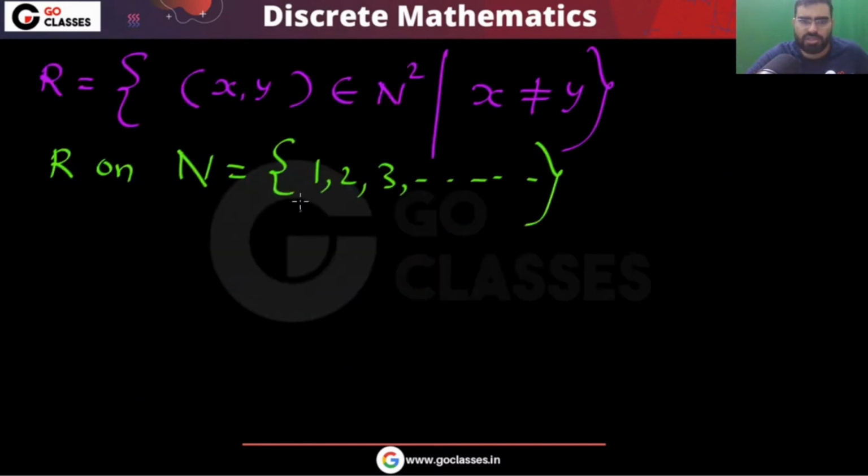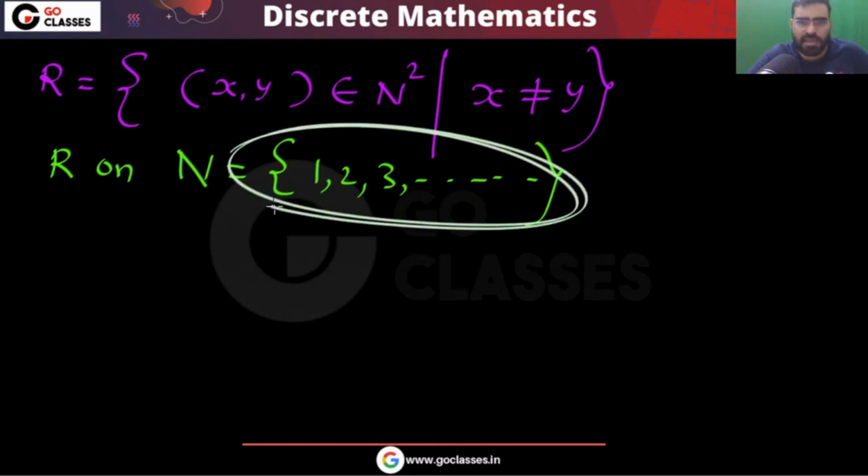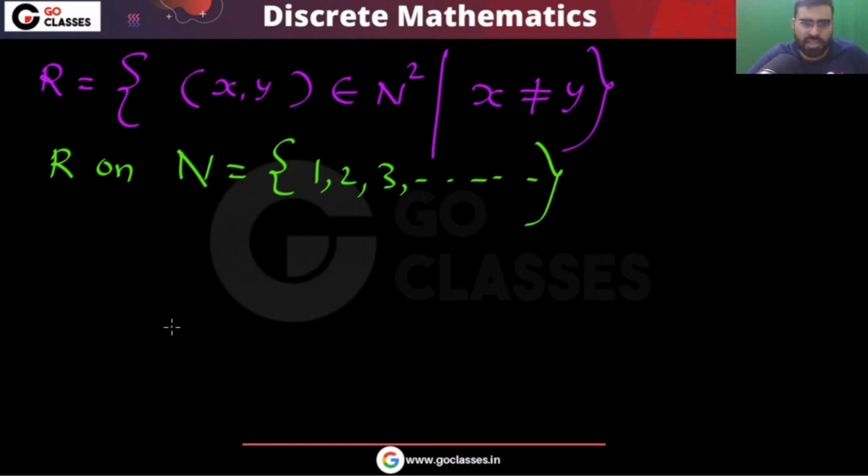If you want to take this as the set of natural numbers, this is also fine, and this is also fine. The answer will not change. There is no problem in either consideration.